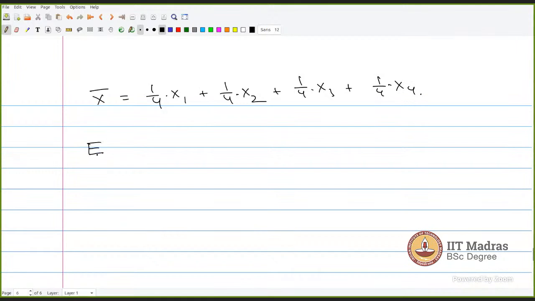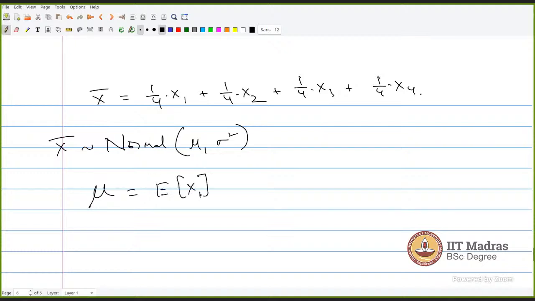If it is a linear combination of normals, we know that x bar is also normal. So x bar will be normal with mu and sigma square, where mu is the expected value of x1, x2 or x3, and sigma square is sigma naught square by n.